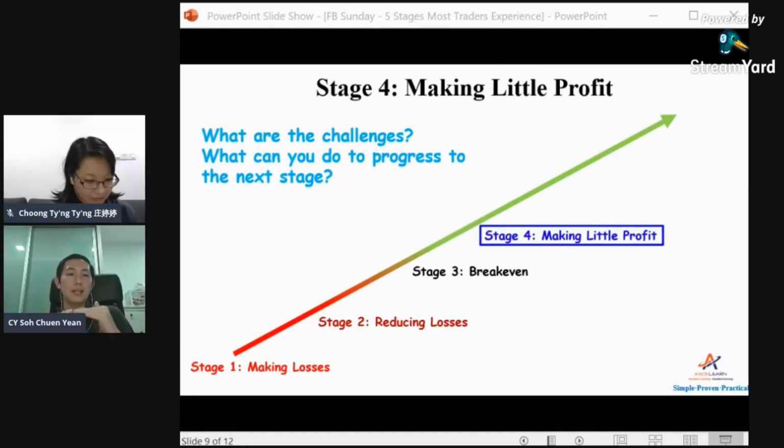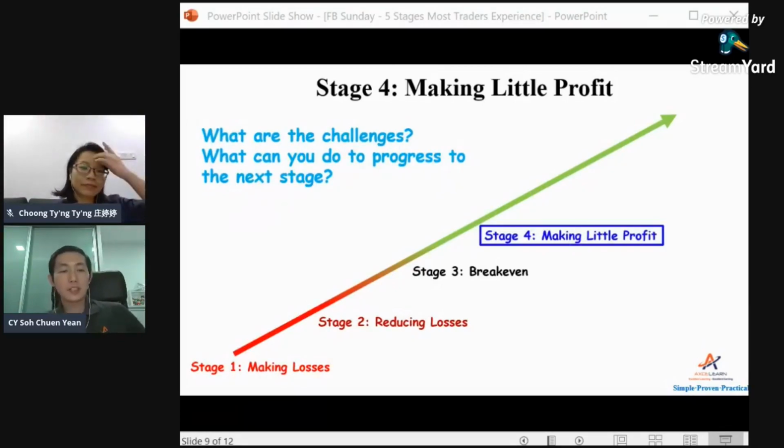Overall, your profits are small, but you're making progress, moving one step forward at a time. That's where you can see that you already have well-defined trading strategies and systems. This is where you are building good trading habits, practicing some basic risk management strategies and some good money management strategies.